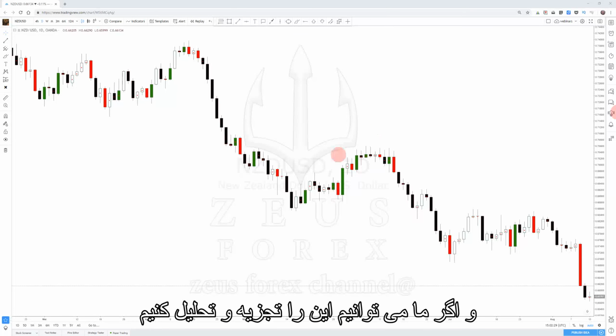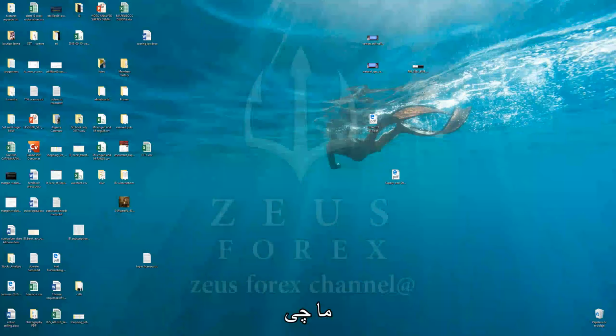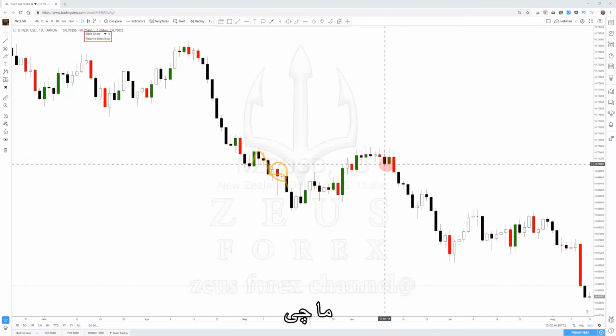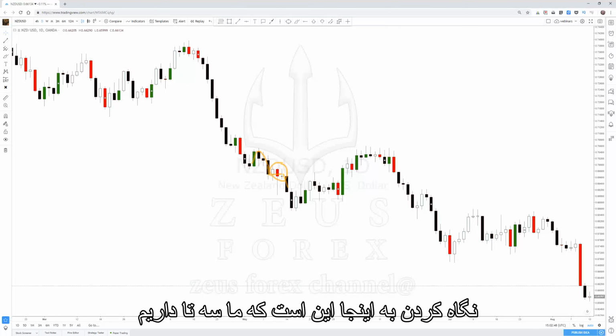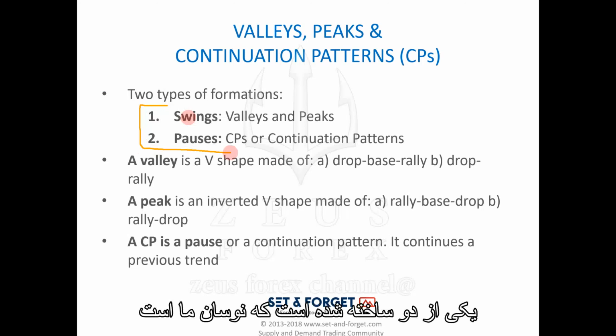If we start analyzing this price action here on the left, we're going to see a pause, a drop, base, drop, then we've got a peak, and so on and so forth. Summing up, we have two different formations: swings and pauses.